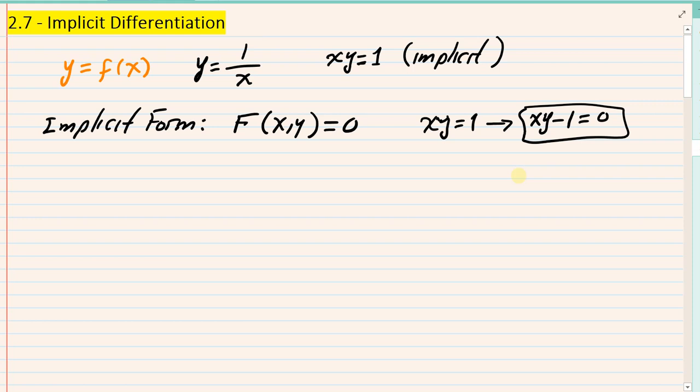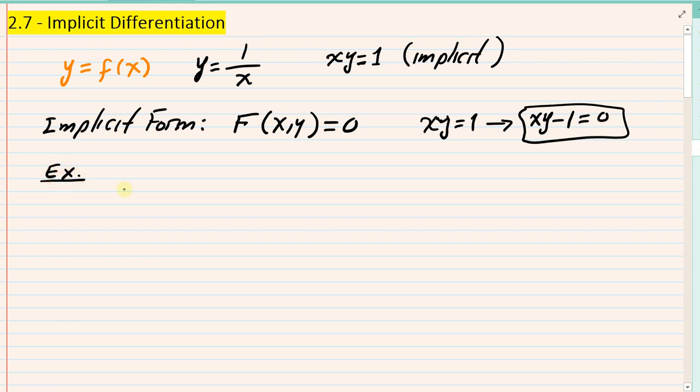In other words, we cannot differentiate directly, or it's very difficult to differentiate directly. So we're going to differentiate these implicitly. Let me show you an example of how this works.